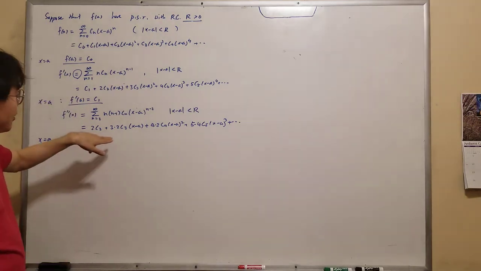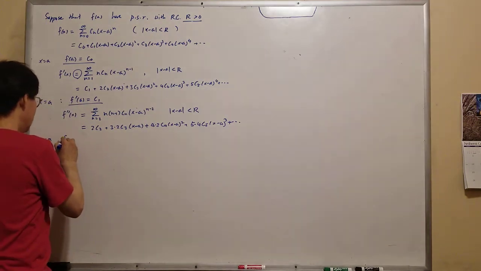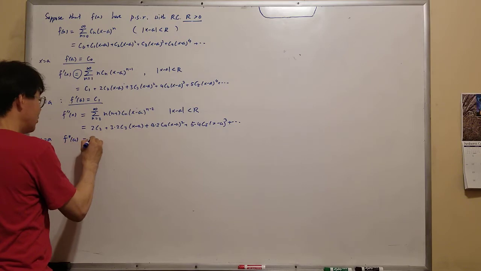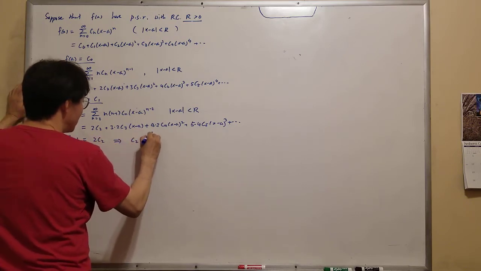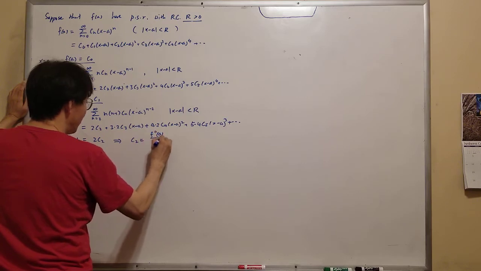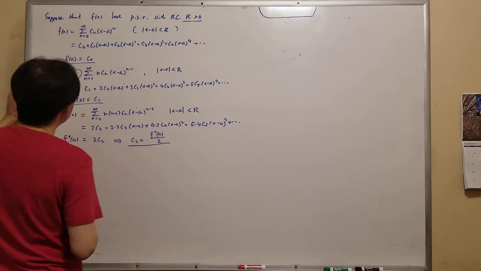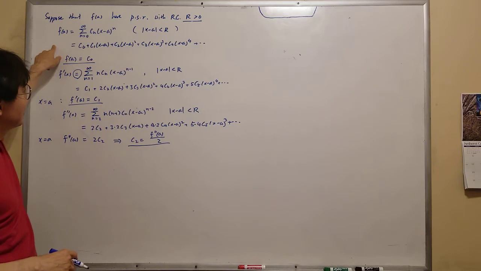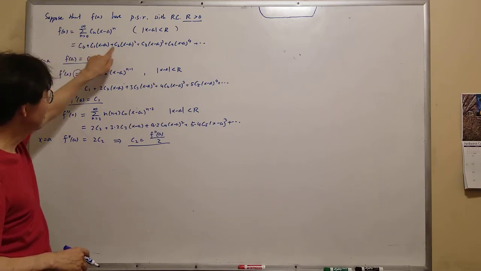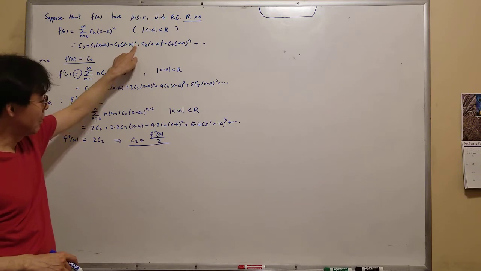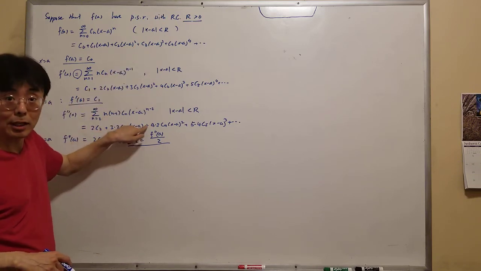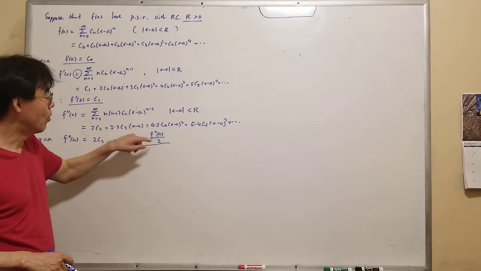Plugging in x equals a, f double prime of a equals 2c2. That means c2 equals f double prime of a over 2. So if f has a power series representation, the coefficient of the second power term is the second order derivative at a over 2.